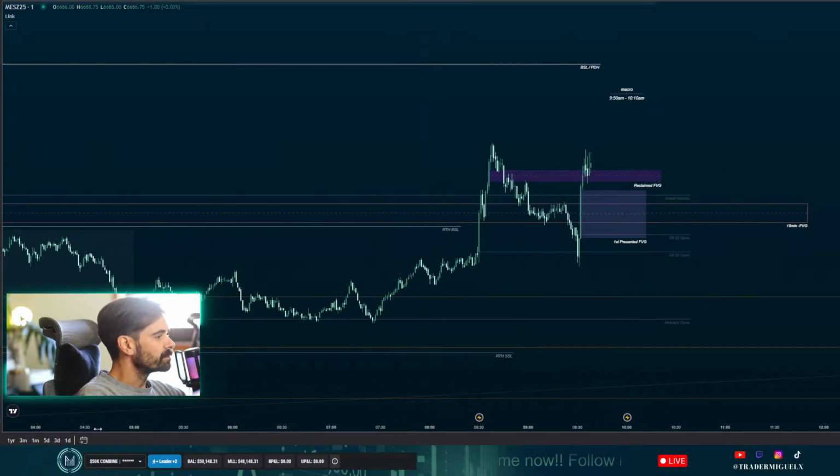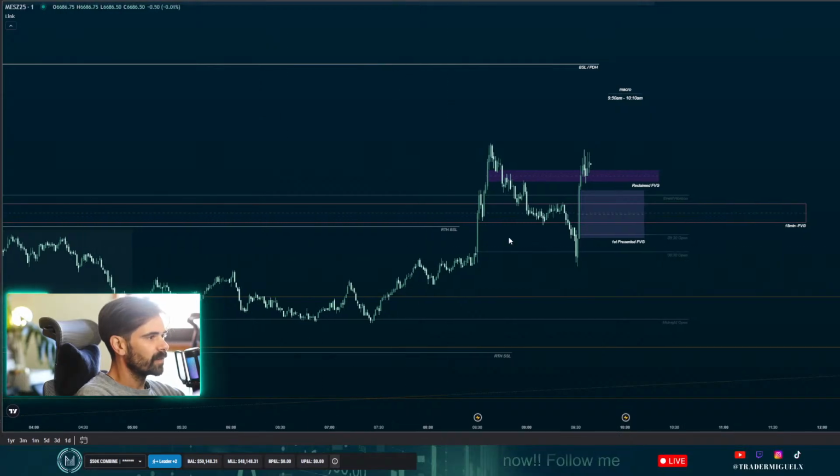So let's wait and see how far this can eventually go. So far, price is reclaiming this fair value gap and is trying to move to the upside here.